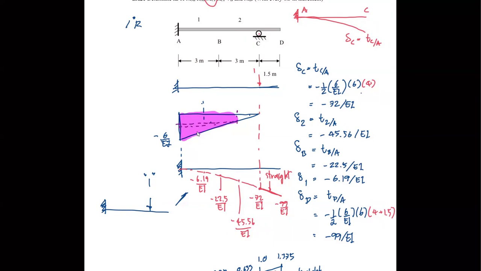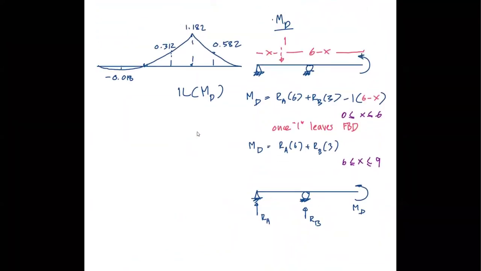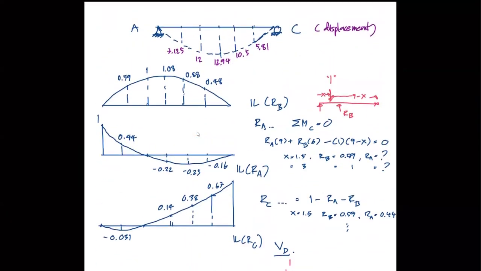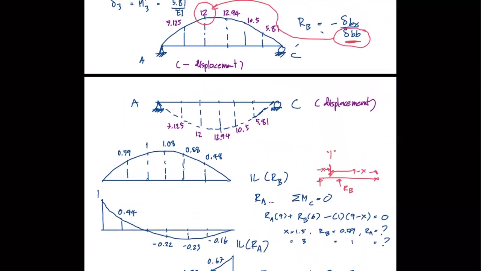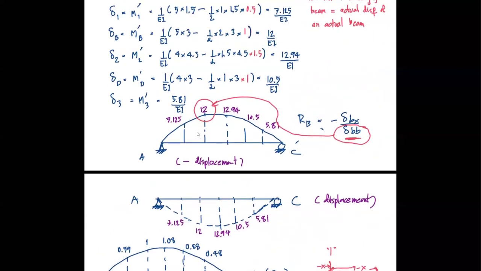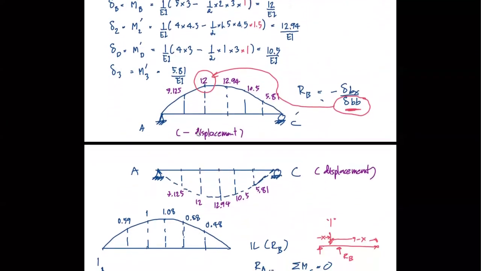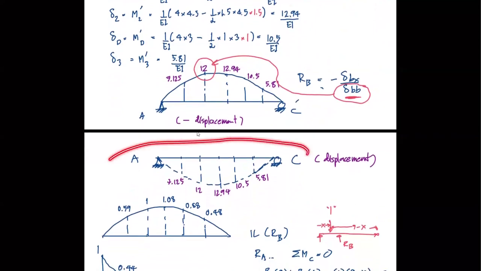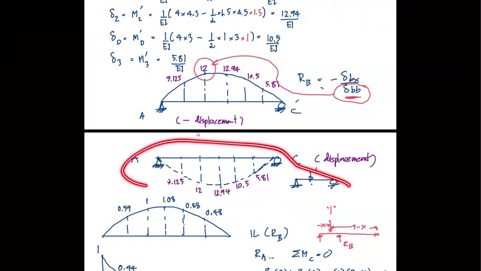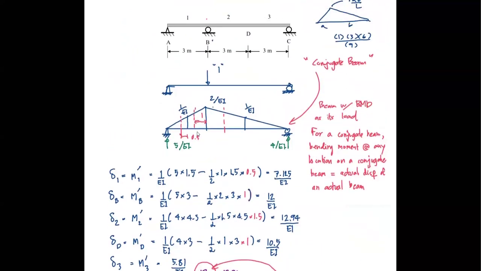Or if we go back to look at this problem, and I say, okay, this information is given to you. This is the information of the displacement of a simple beam underneath the load at location B. If this information is given to you, use this information to calculate all this.